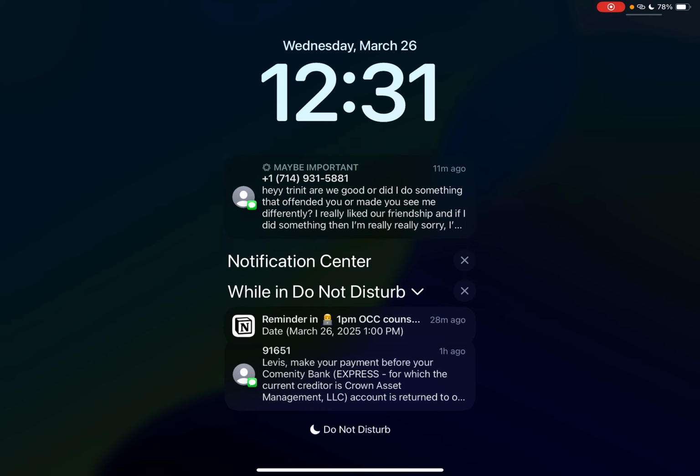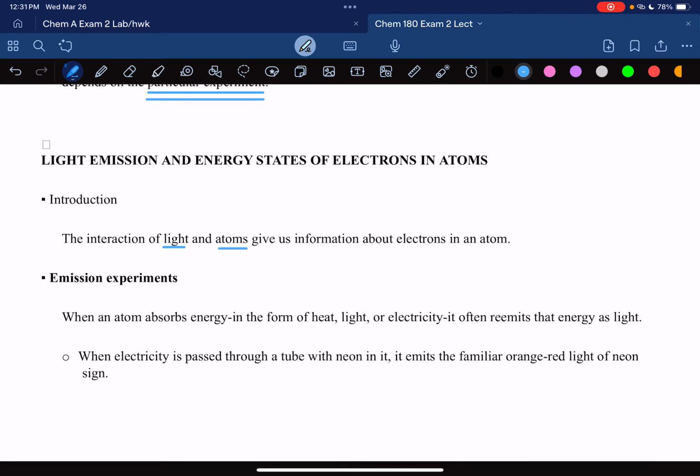What happens is, we study the spectrum of the light emitted by energized matter.